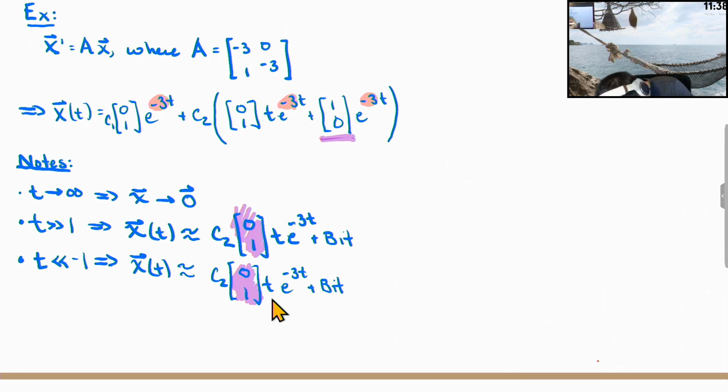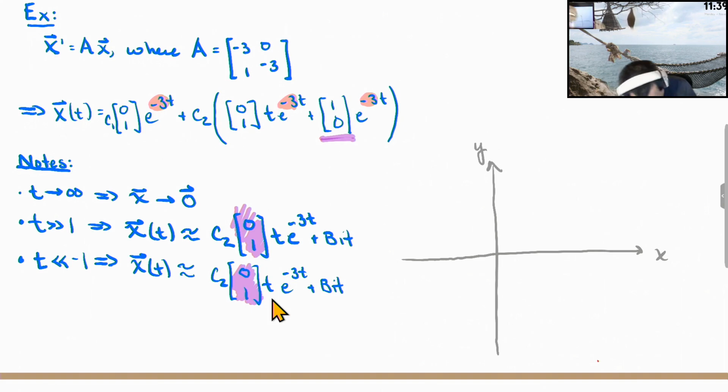So let me get an axis set up. Here's an XY coordinate system. And now, in purple, what is the line 0, 1? Well, isn't it this vertical line right here? It's just a continuation of j hat.